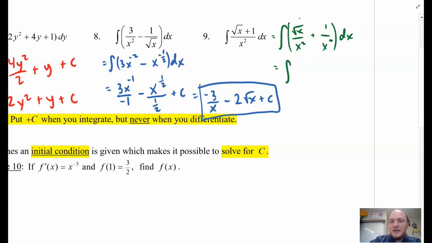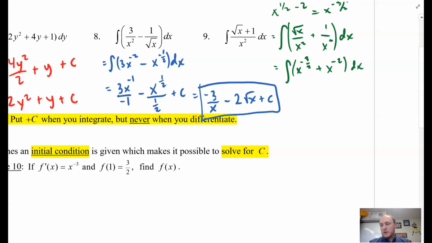So this is x to the power of negative 3/2 plus x to the power of negative 2 dx. And if you're confused how I got the negative 3/2, we have x to the power of 1/2 divided by x to the power of 2, so that's this property here, right? So 1/2 minus 2 gives us negative 3/2, x to the negative 3/2.